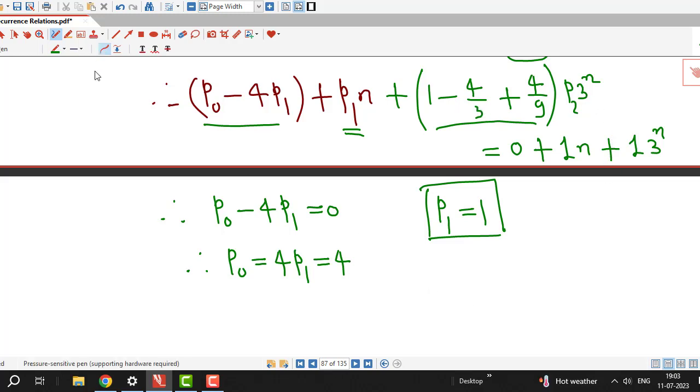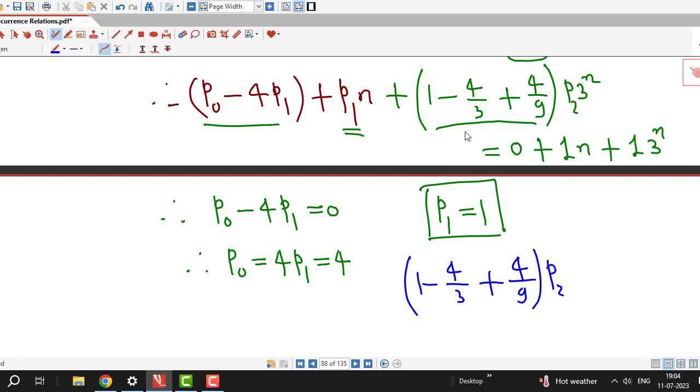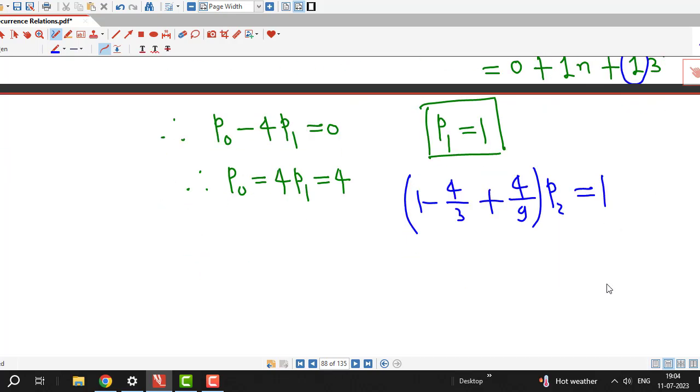1 minus 4 by 3 plus 4 by 9. We will simplify this. 1 minus 4 by 3 plus 4 by 9 times P2, which is the coefficient of 3 raised to n on the left hand side. Here the coefficient of 3 raised to n is 1.